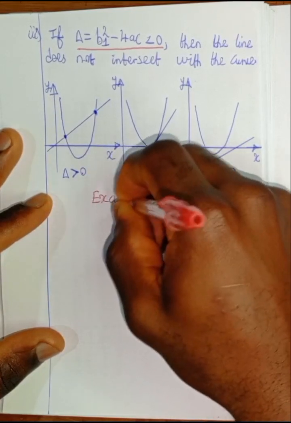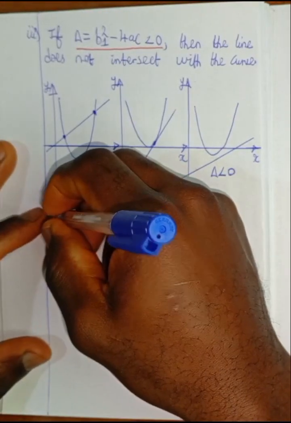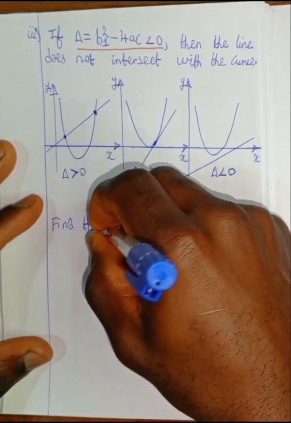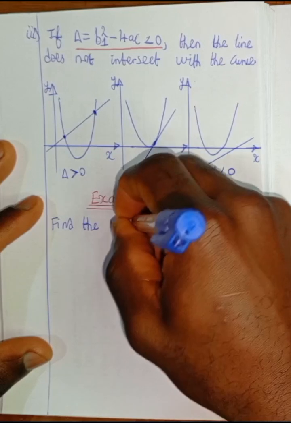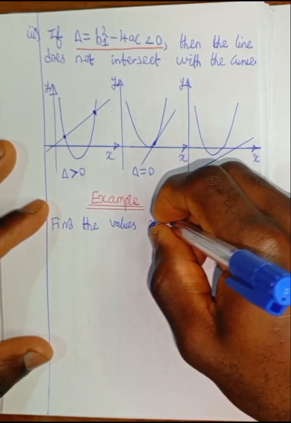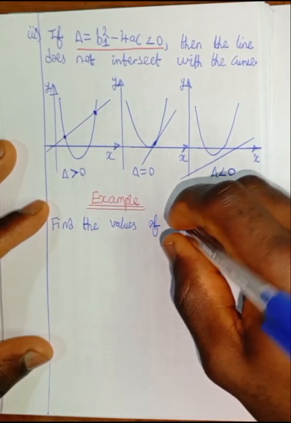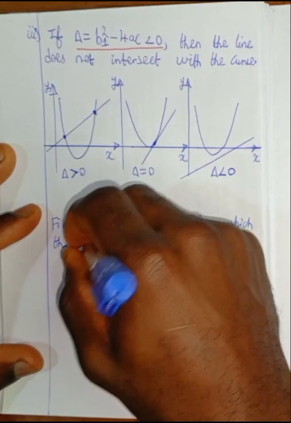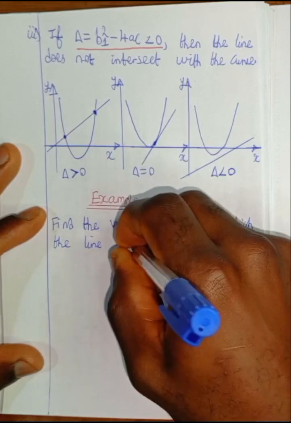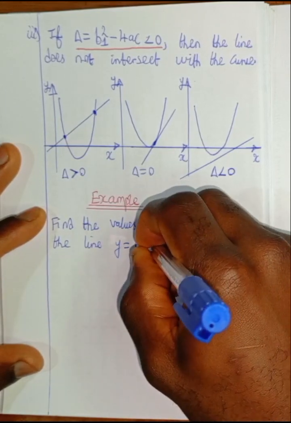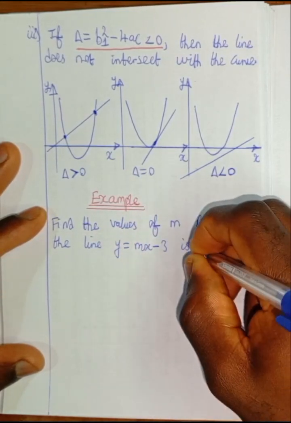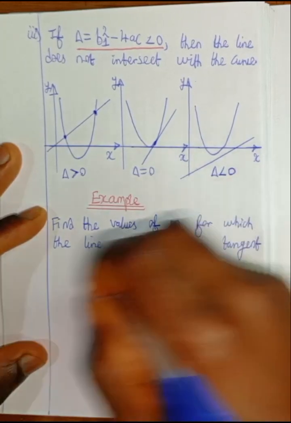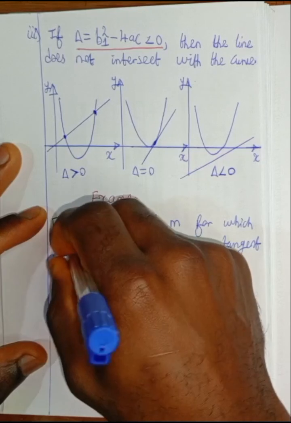Take example, find the values of m for which the line y equal to mx minus 3 is a tangent to the curve.